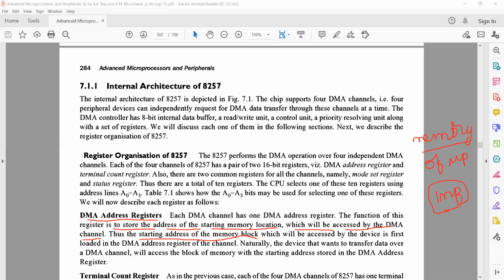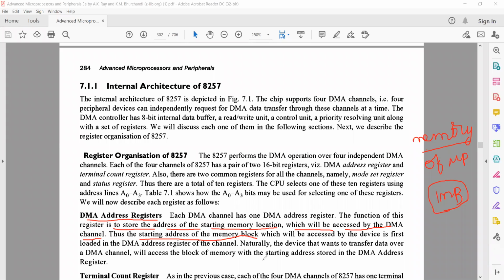So it holds the starting address of the memory location where we have to write or read. We can read or write the data from or to the memory. The device that wants to transfer data over a DMA channel will access the block of memory with the starting address stored in the DMA address register.